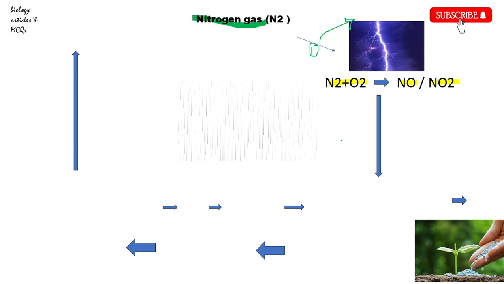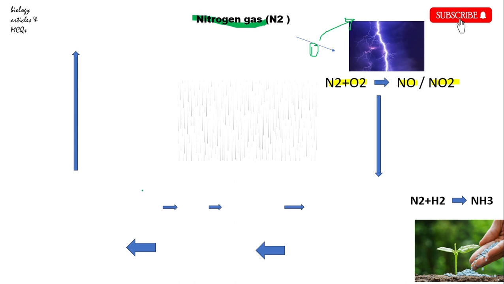Nitrogen and hydrogen will react with each other and change into ammonia. This ammonia can be further processed and changed into ammonium nitrate, and ammonium nitrate and ammonia can be used as fertilizers.